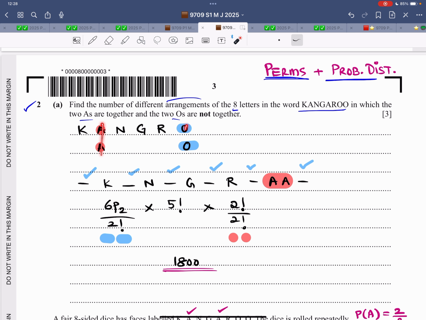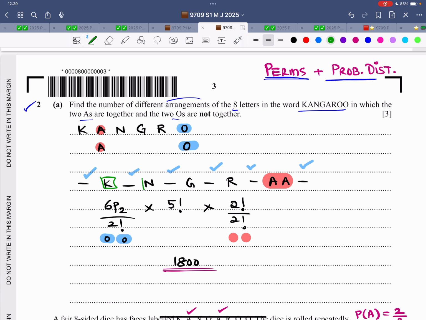So there are two A's, there are two O's, there is K and N, G, R. So now K, N, G, R, the two A's together in a box, and then empty spaces for what? For the two O's. Since there are 5 alphabets, double A is considered 1 unit, there are 6 possible spaces. So therefore, we would say 6P2 divided by 2 factorial. 2 factorial for what? 2 factorial for the 2 O's, into 5 factorial. 5 factorial for what?